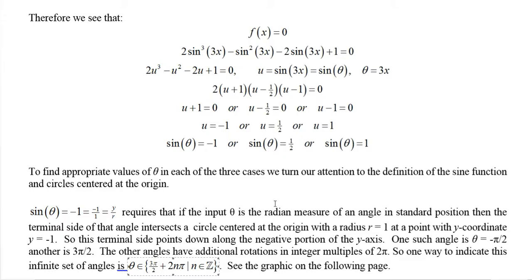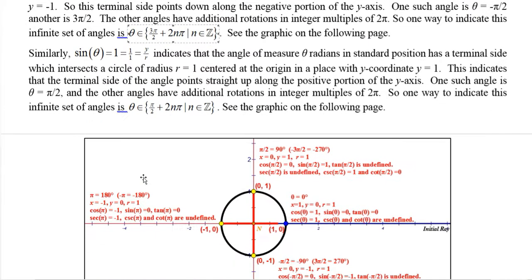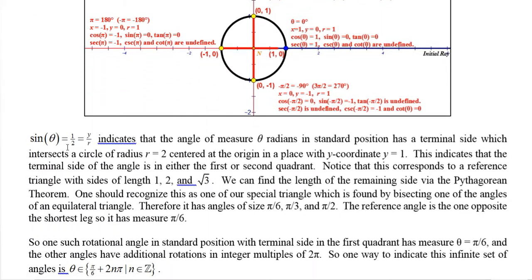Now what about this one in the middle? Sine of theta is 1/2. So let's see, where is that? That's right here. Sine of theta is 1/2. That's y over r. And so again, if we take the angle and measure theta radians in standard position, it's a terminal side. I'm going to think of the r as being 2.